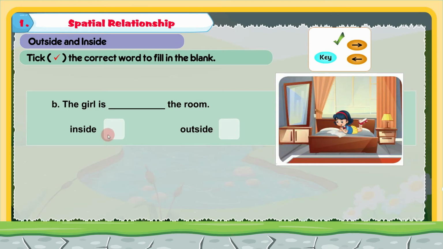We have to tick the box here as inside, and also write the name. Because the girl is inside the room, we are writing here inside.